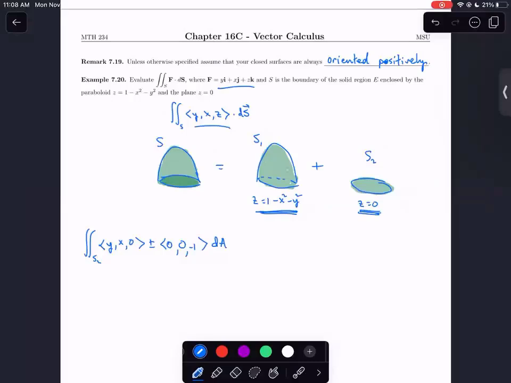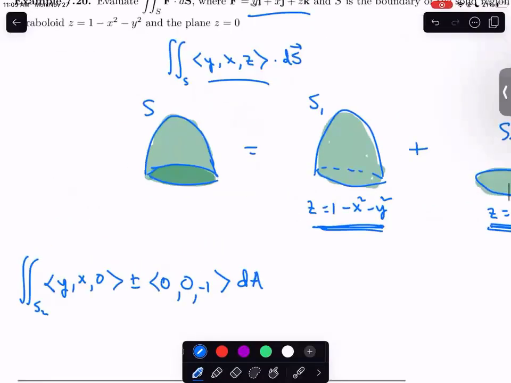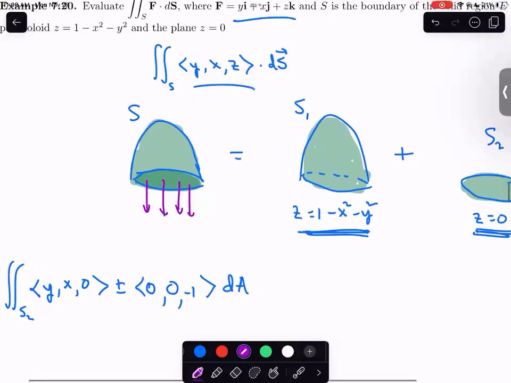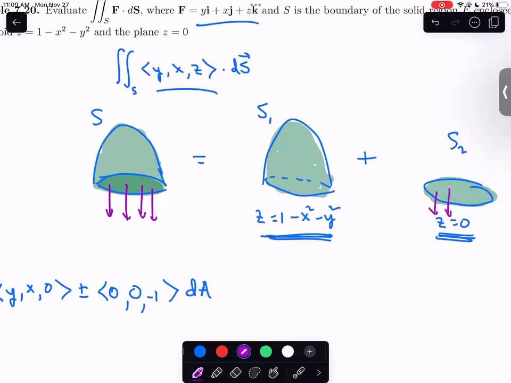Now, in this case, we have not specified an orientation for our surface. So we go back to our remark. Unless otherwise specified, assume closed surfaces are always oriented positively. That is an outward orientation. So if I was to draw normal vectors along my bottom piece, this z equals 0, they'd be oriented downward.